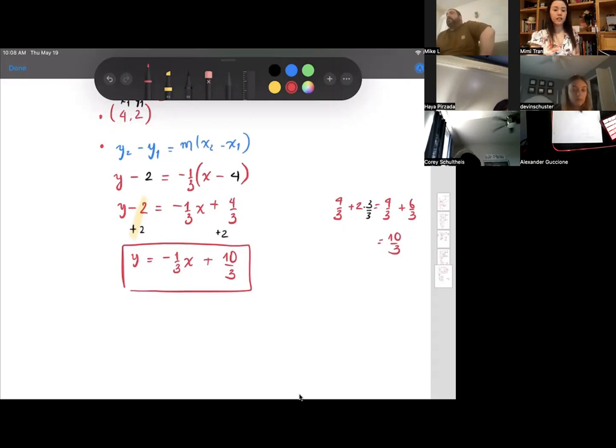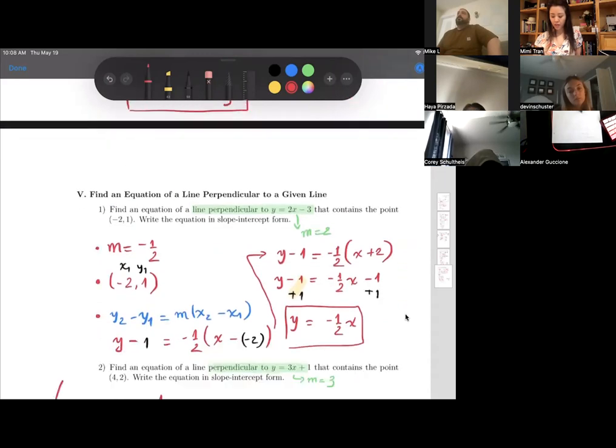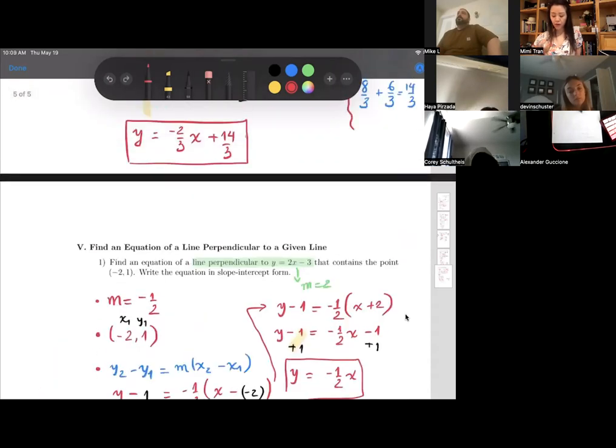All right, that's it. I think that's all we have for today. Thank you, Kobe. Is there any question? Is there any question at all? On the exam, you sure? So on the exam, the possible question will be something like this: find the equation of a line perpendicular to the given line.